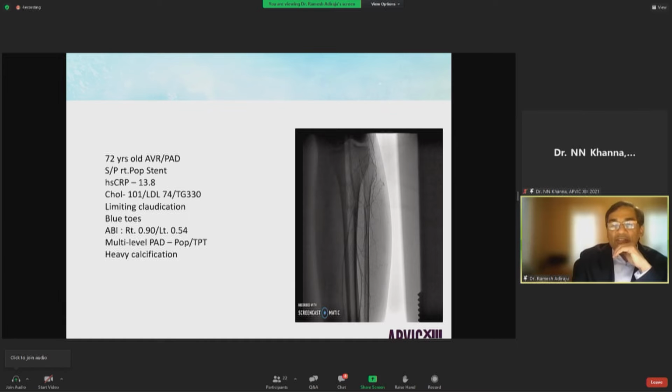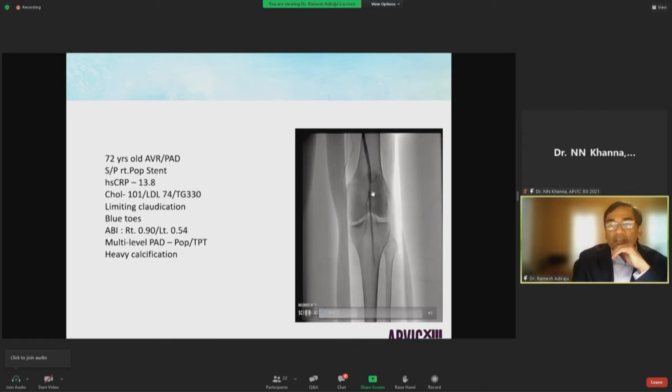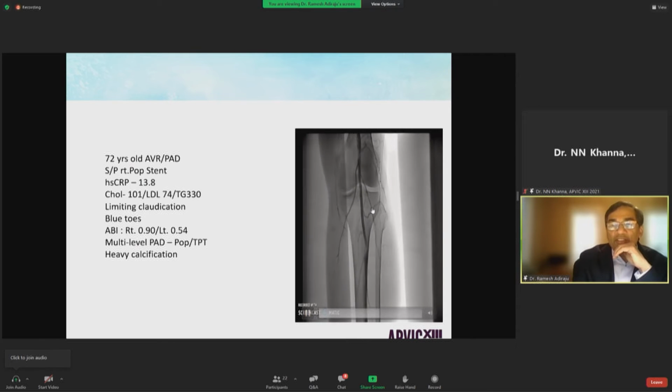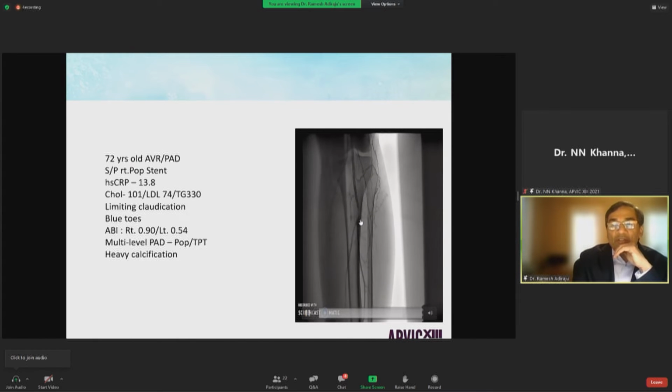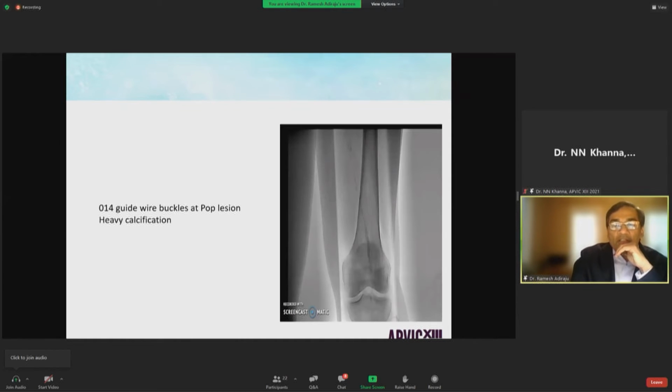As you can see in the cine, there's pretty calcified distal SFA popliteal disease and another critical stenosis of the tibioperoneal trunk. Here's a demonstration of the significance of that calcium.